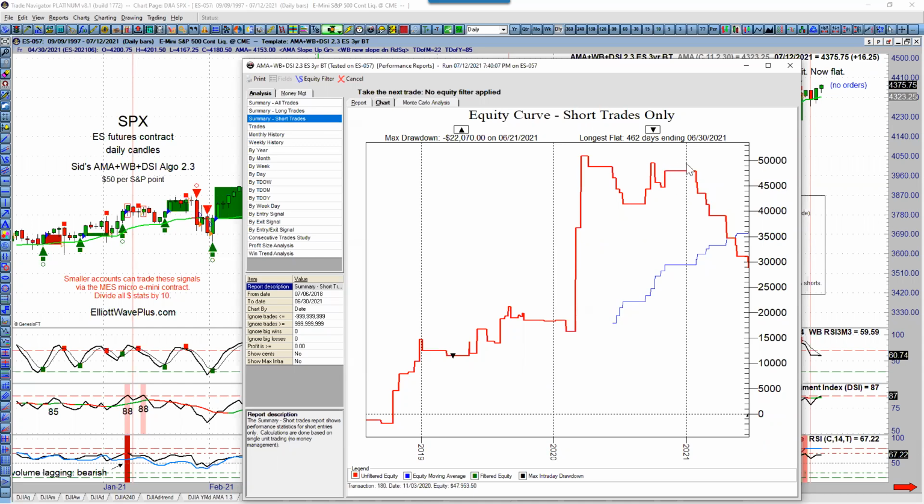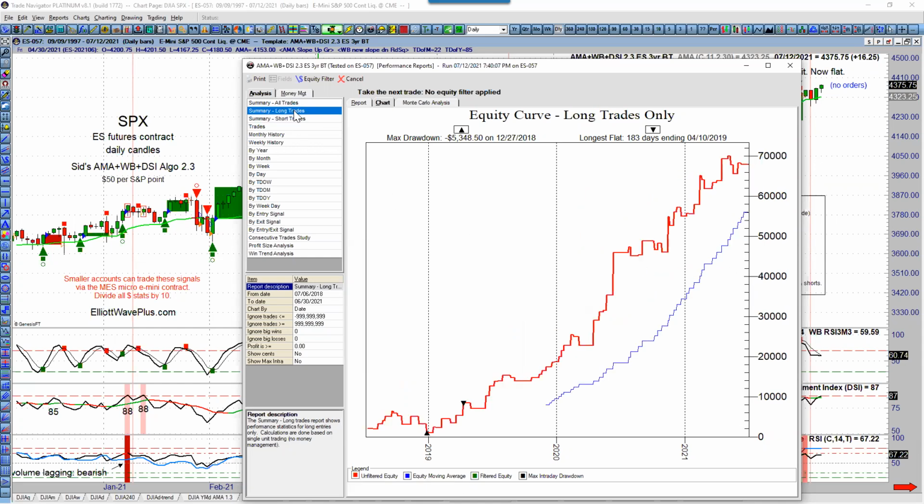You'll notice that what has been hurting the algo lately has been its attempts since about February of this year to get short. Its attempts to get short have not been working since about February of this year. Whereas the longs have been working.